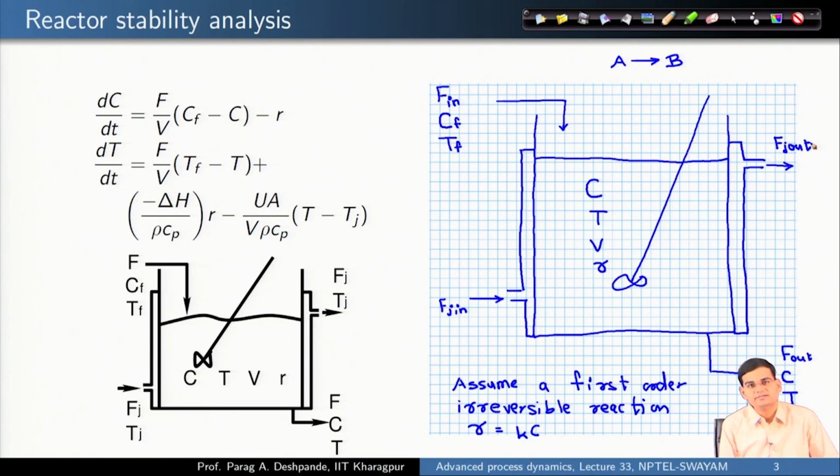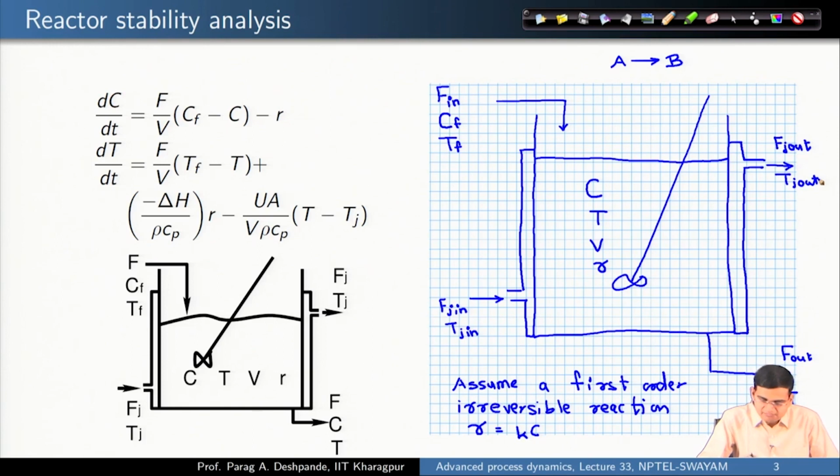Okay. And the temperature can be denoted as T j in, the temperature of the jacket fluid at the inlet, and T j out, the temperature of the jacket fluid at the outlet. Nothing more than this specification is required. Okay.